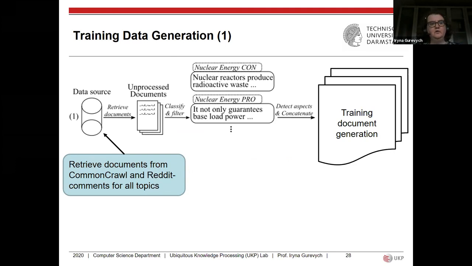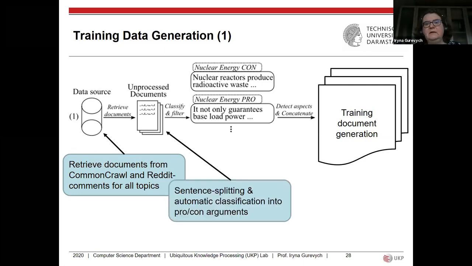And we retrieve 1.5 million documents each from 2 data sets, Common Crawl and Reddit comments. And we treat these data sets separately and train 2 generation models for later comparison of results.